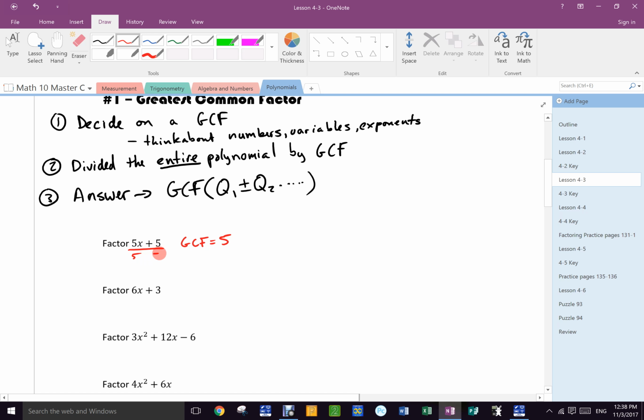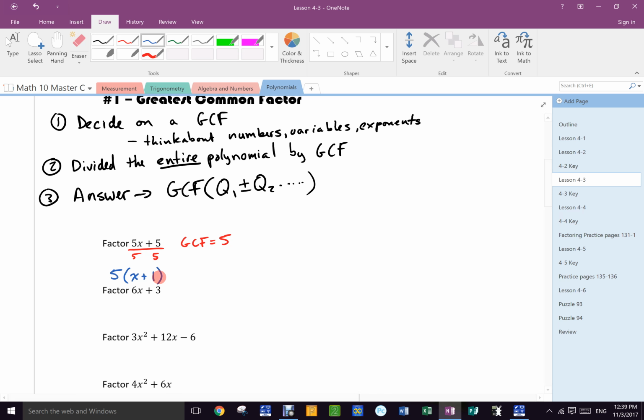Divide by 5, divide by 5. Step 3, write the answer. What is the GCF? 5. What's the first quotient? X, plus, what's the second quotient? 1. And I'm done. Got it?